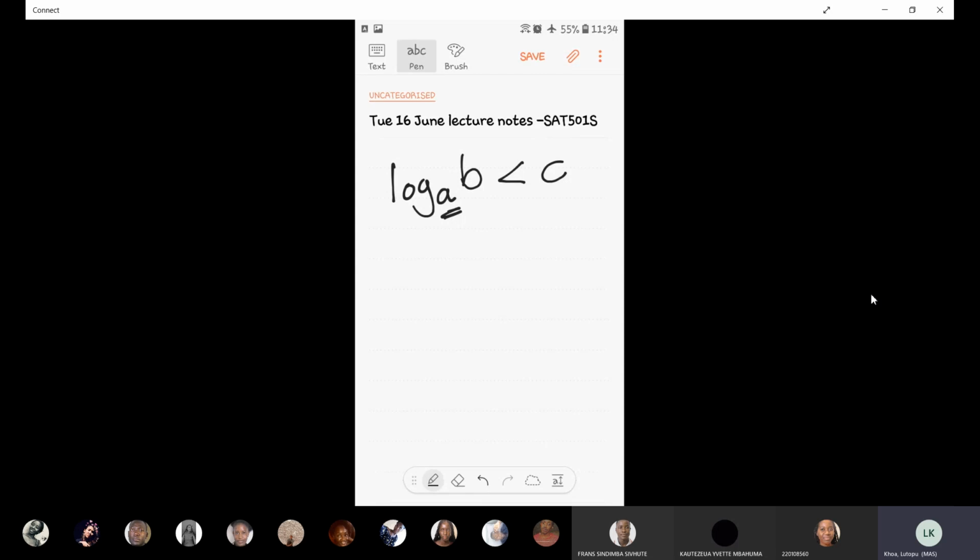Depending on what your value of a is, you'll have log base a of b, and then a to the power of c.